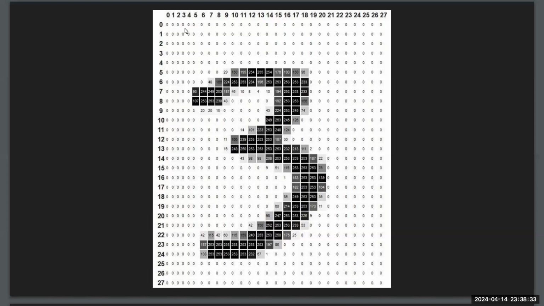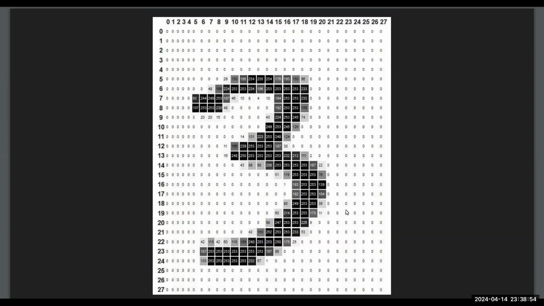In this image specifically, we have pixels which start from 0 until 27. So we have 28 columns of squares, and again 0 until 27, which is another 28 rows of squares.